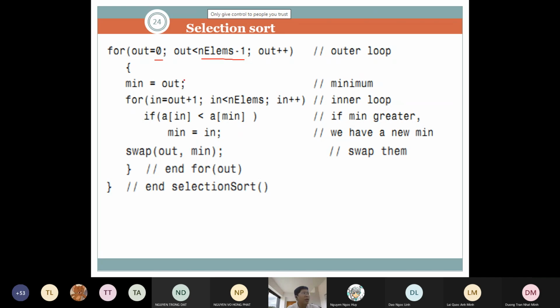And then what we do is we try to find the max and the min. And then we swap. And my question for you is here. This word, out. Why should we start from out plus 1? Is it possible to start from 1 or from 0?